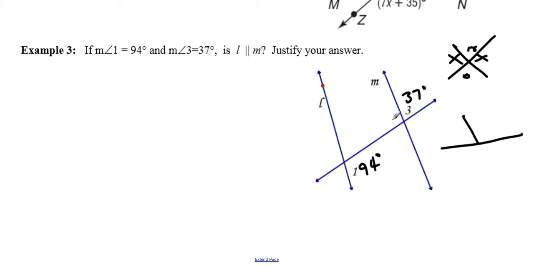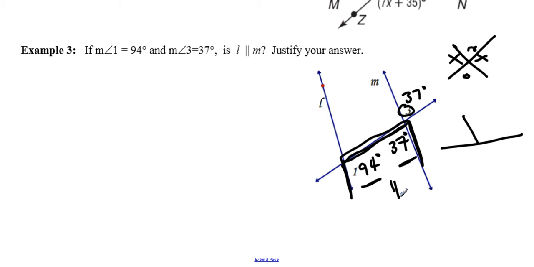So I'm going to do vertical angles because those are the easiest. And I'm going to see from doing vertical angles if my consecutive interior angles then become supplementary. So vertical to angle 3 is here, and that's going to be 37. Now, if you notice, I have consecutive interior angles. And consecutive interior angles are supposed to be supplementary.